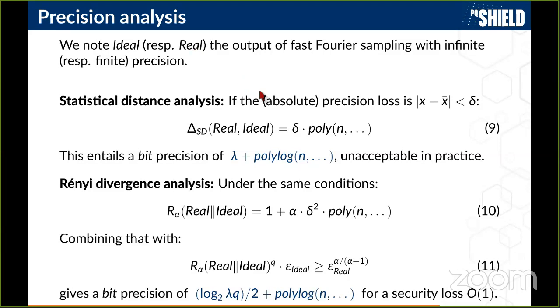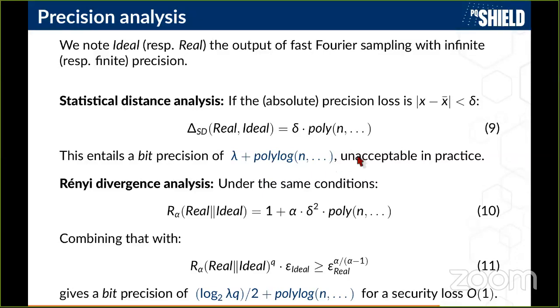So if we suppose that we have an absolute precision loss of x minus x bar, which would be less than delta, then equation 9 tells us that the statistical distance between the ideal and real distributions will be delta times poly of n. And so this entails the bit precision of lambda plus polylog of n and other stuff.